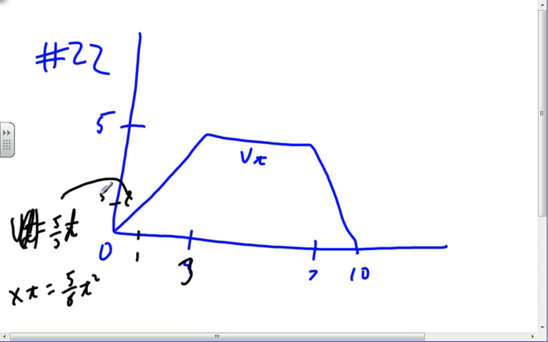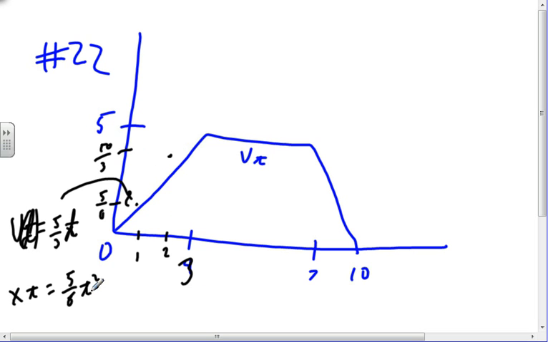At 2, I'm going to be 20 over 6, which is 10 over 3. So here I am at 10 over 3. I was here, now I'm there.